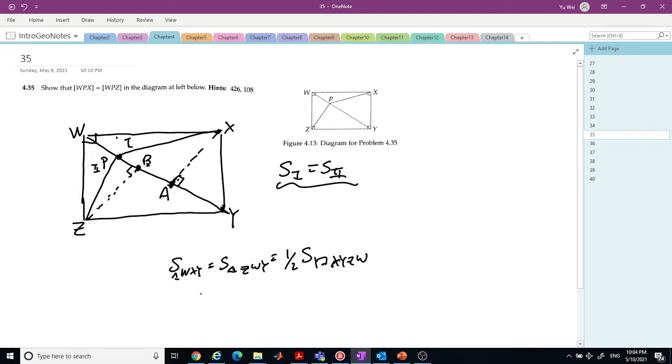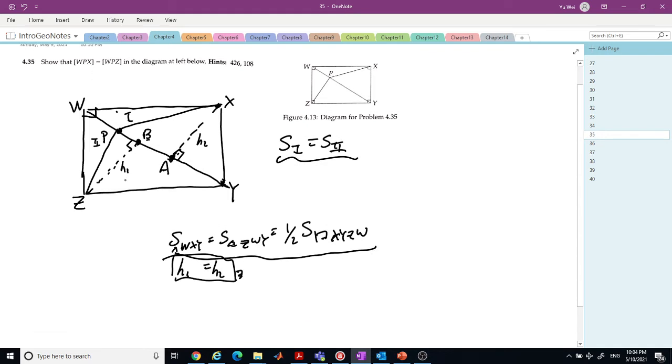Then if you know this, now you can see the triangle WZY is WY times the height, right? I call it H1, and the triangle WXY is WY times AX, right? So that's why you can have H1 equals H2. Okay, the height is the same.